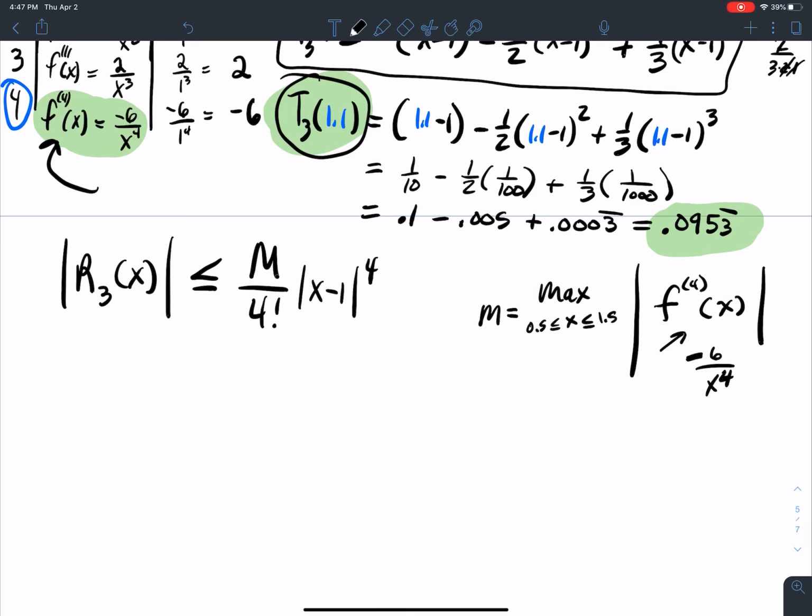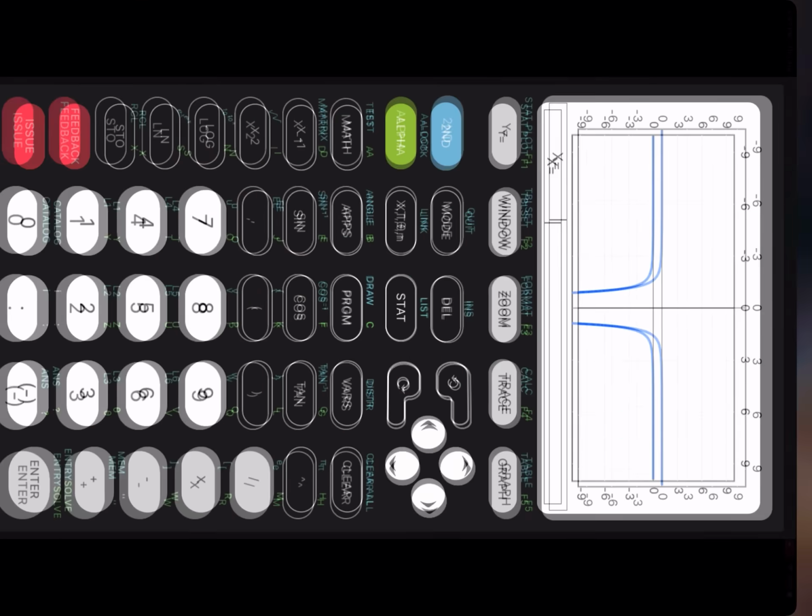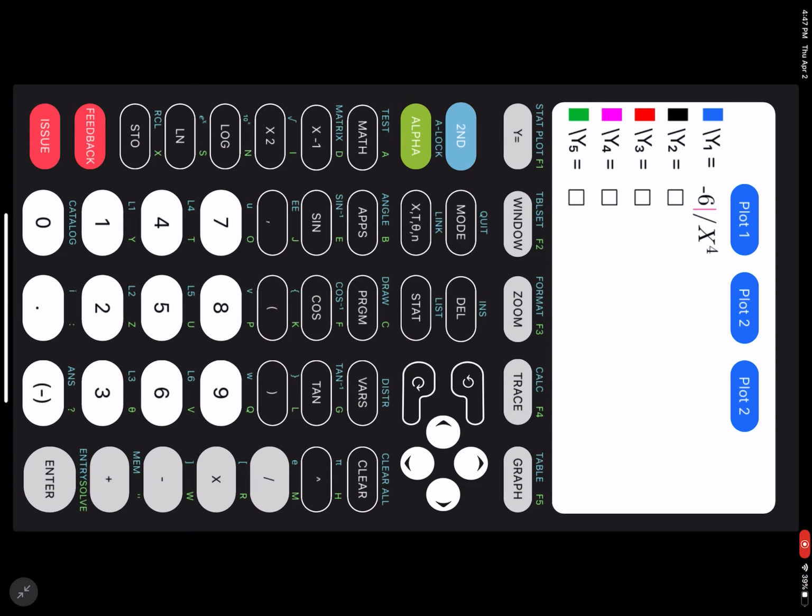So this becomes positive 6 over x to the 4th. That's what I'm looking at, the max value of this, because the absolute value takes care of that negative.